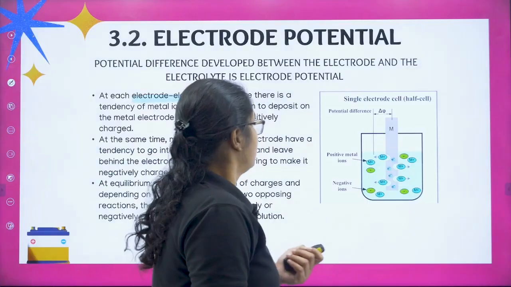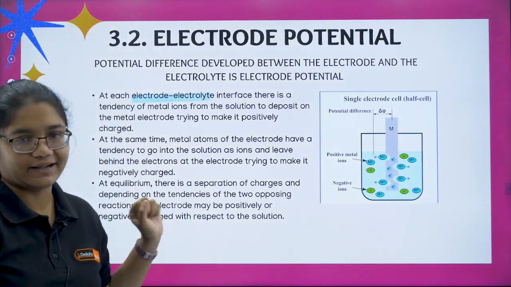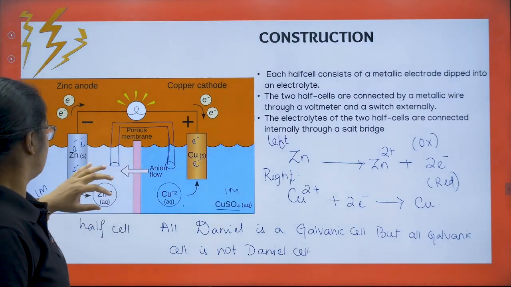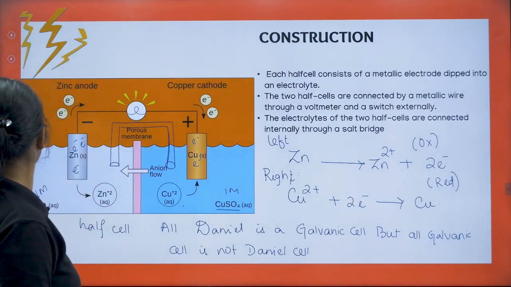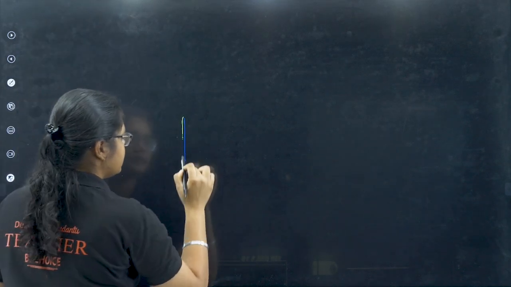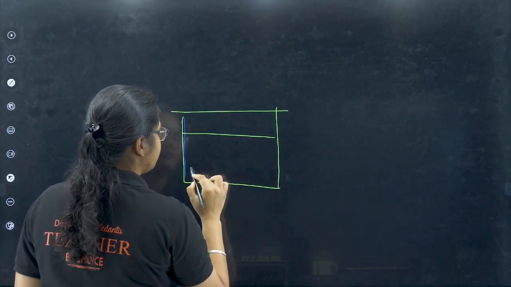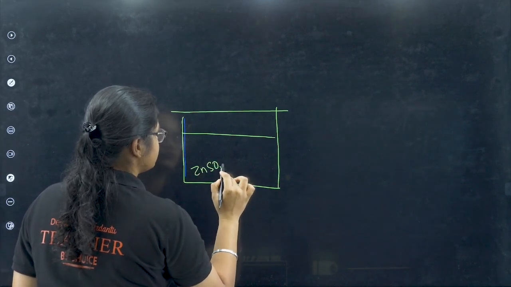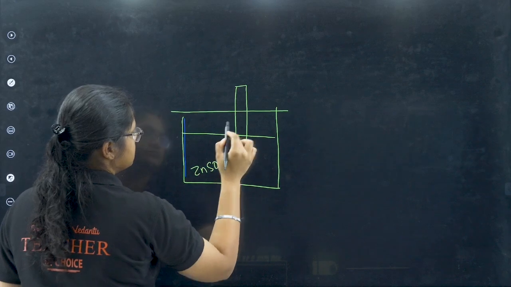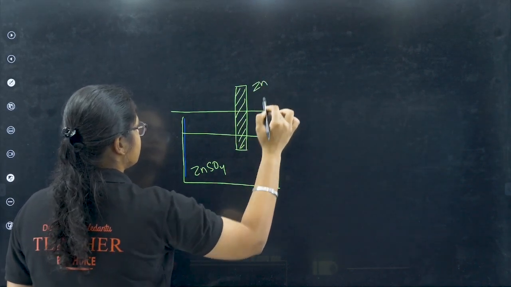Okay. Next we'll talk about electrode potential. What is this electrode potential? Now see here, suppose in this container you have taken ZnSO4 solution and a Zn rod, right?